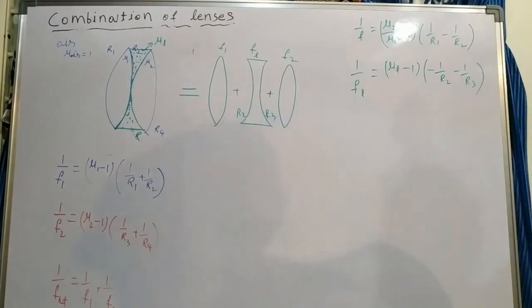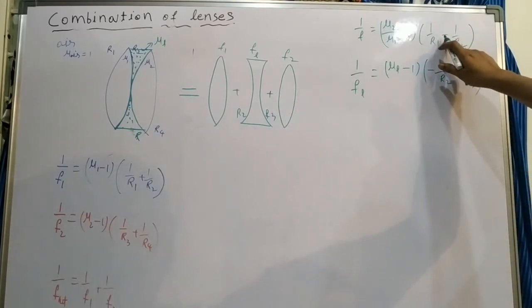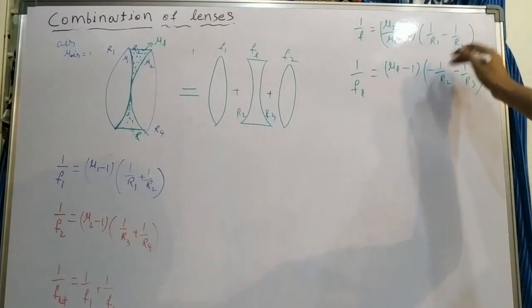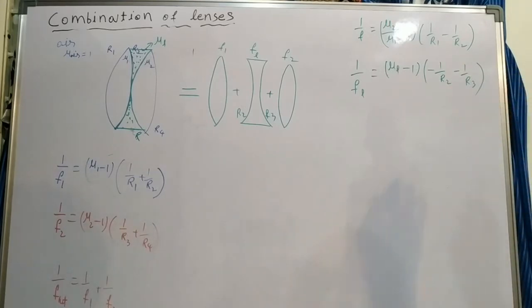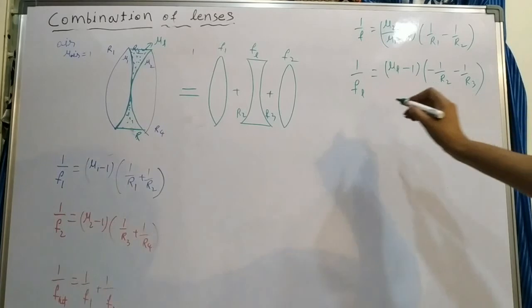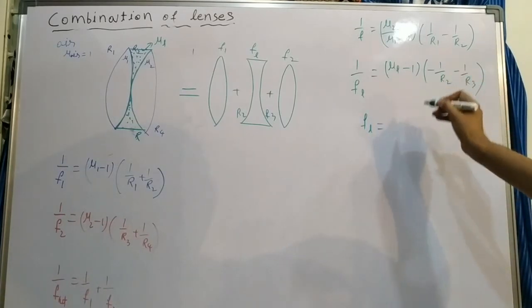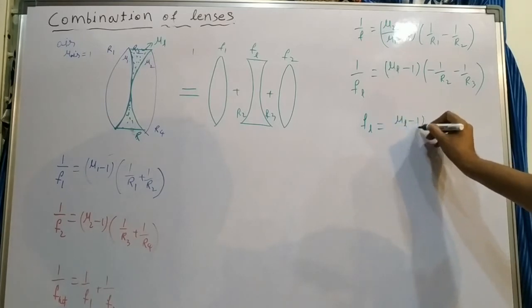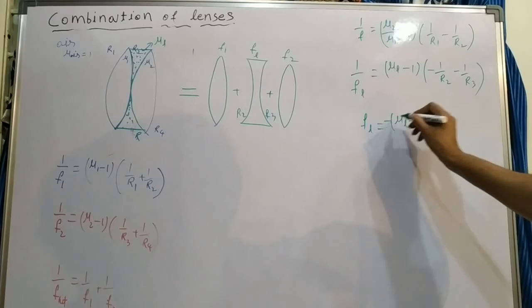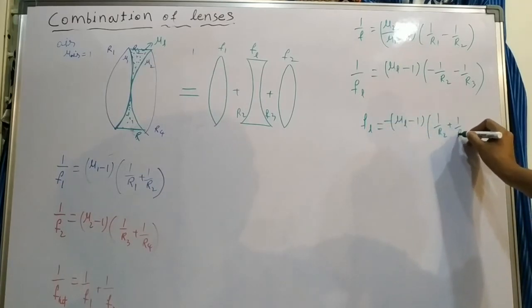We already discussed the sign convention: convex means positive, concave means negative. Forget about whatever they give here; don't take total negative. This is the focal length. F liquid is equal to (mu liquid minus 1) into minus, if you want you can take minus common, (1 by R2 plus 1 by R3).